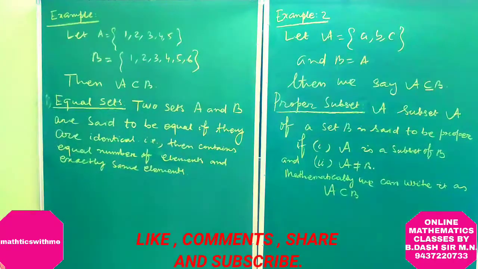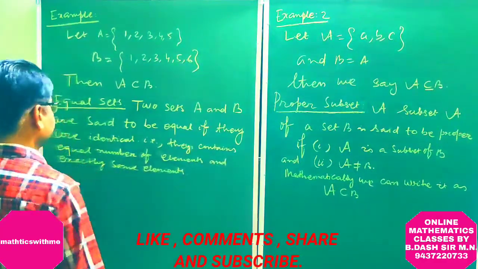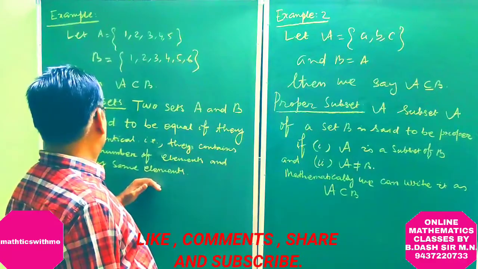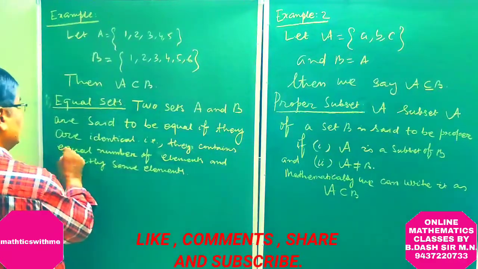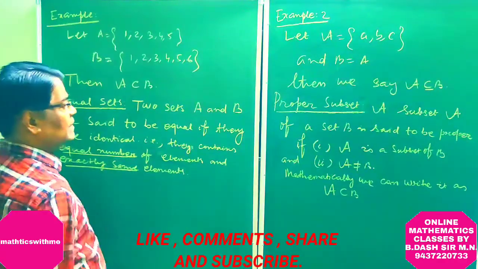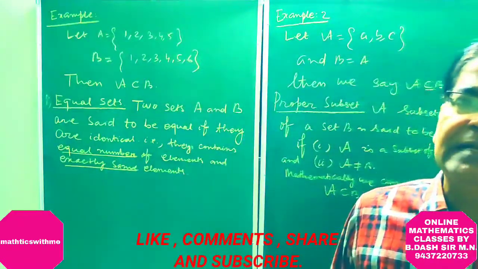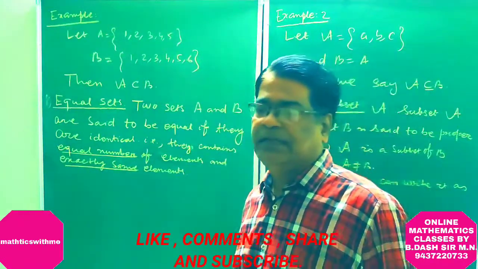So two sets A and B are said to be equal if they are identical in all respects. That is, they contain an equal number of elements and exactly the same elements. Then we can say the two sets are equal sets.